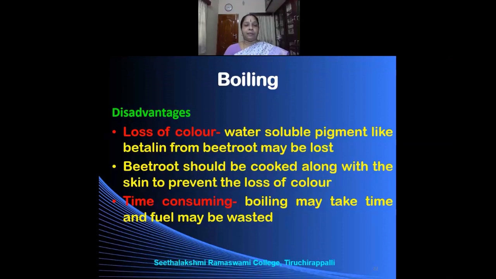The boiling method is also time consuming. Boiling may take time, and it's a long process. Say, for example, when we cook rice in a pressure cooker, it may take around 10 to 15 minutes. But if the same rice is cooked in the open pot boiling method, it may take about 25 to 30 minutes. Boiling also uses a lot of fuel, and therefore the fuel is wasted.